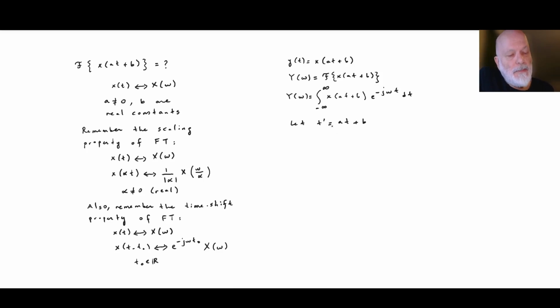So if t prime is at plus b, now we can calculate t as t prime over a minus b over a, and also we calculate dt prime as a dt.